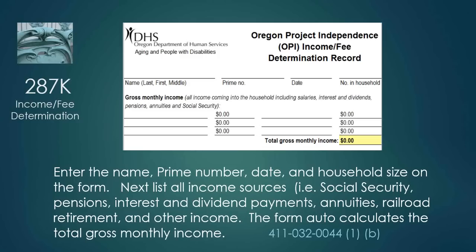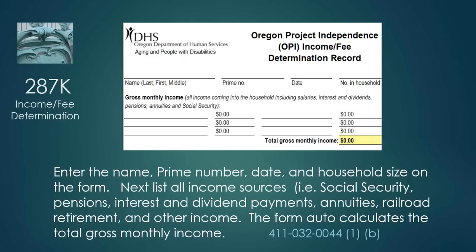Okay, Mark, a question did come in. Do we need a new form for each person, or can we list a couple of names on the same page? I'm going to try to interpret this question.